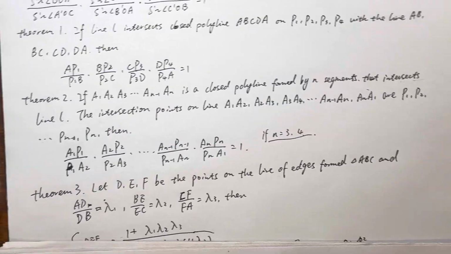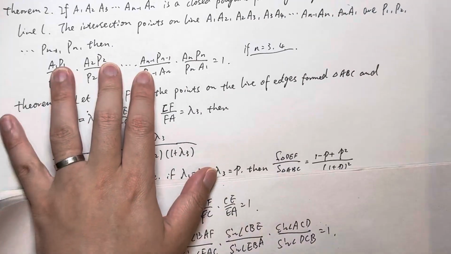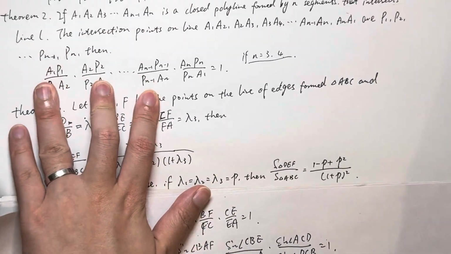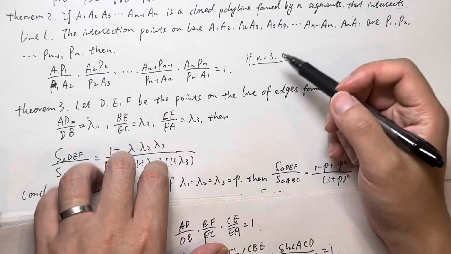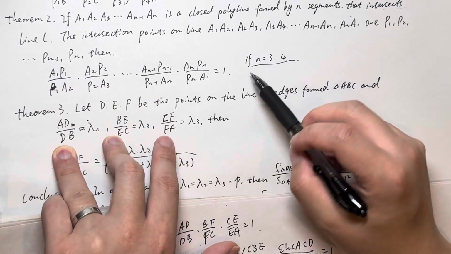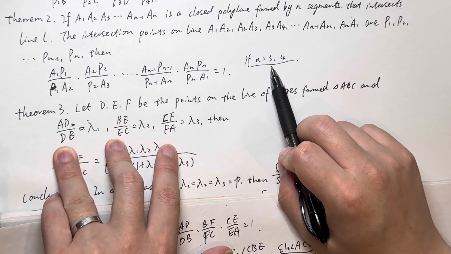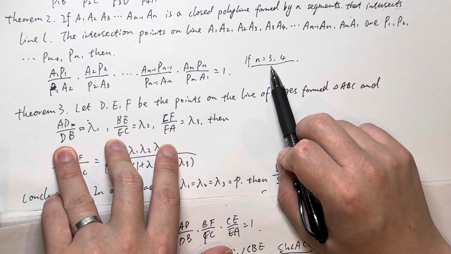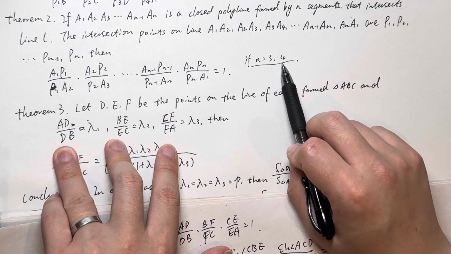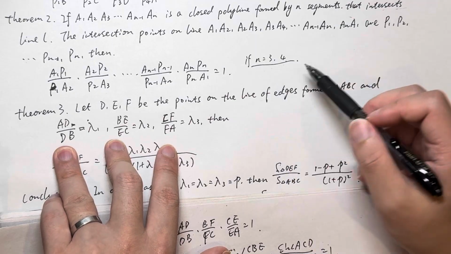Okay, that's for the 4-segment closed polyline, and then we can generalize it just because we already learned about the 3 segments case, which is a triangle case, and the 4 segments case, which we just proved, right?